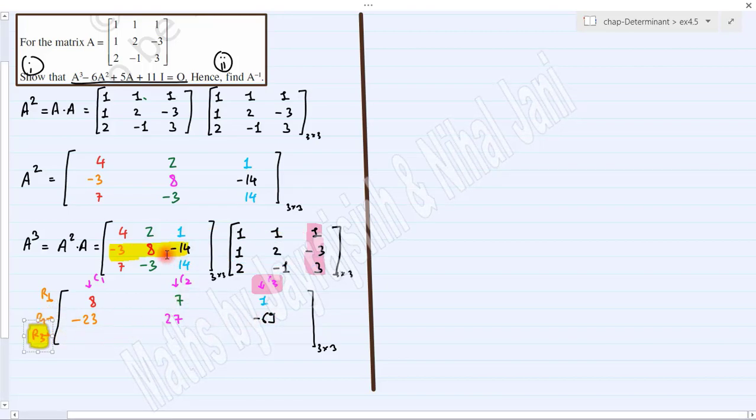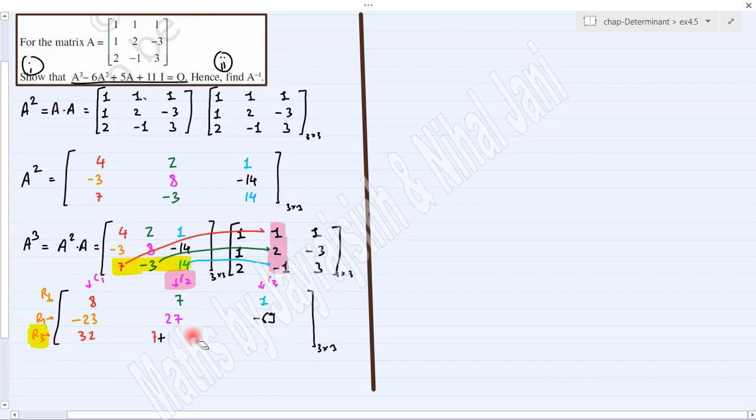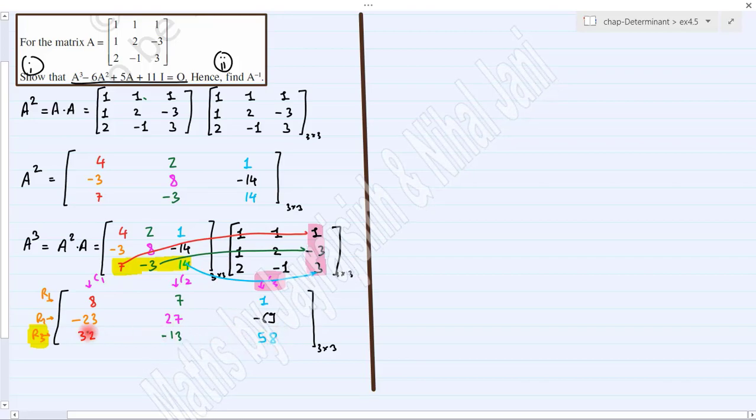And the element of third row, first column, will be 32. Then minus 13. And the last element will be 58.